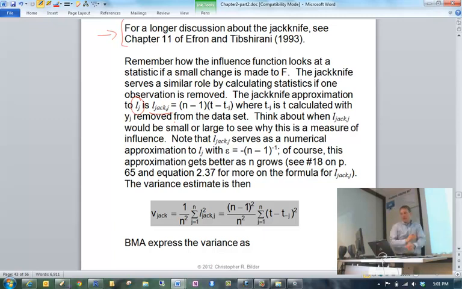So pay special note where the j's are, the j here and the j here. If you have a sample size of 10, t sub negative 1 would be the statistic calculated for observations 2 through 10. So this is L jack.